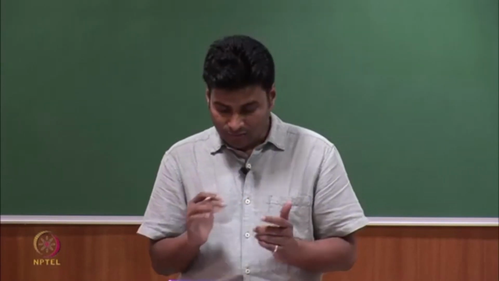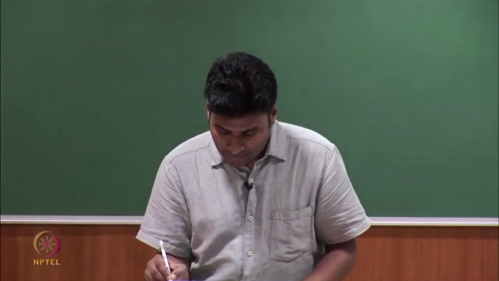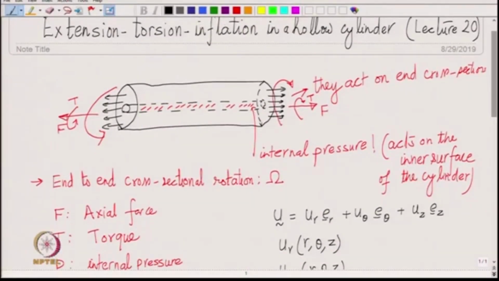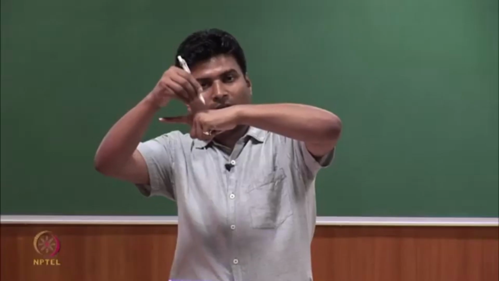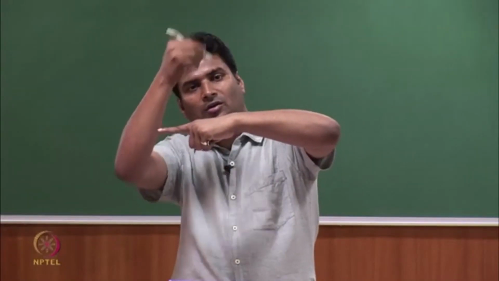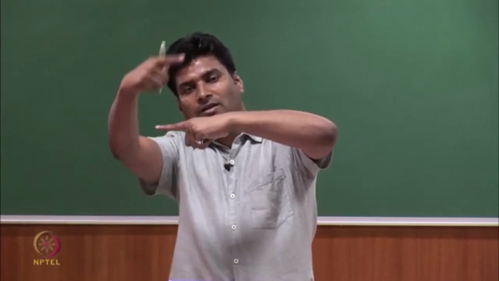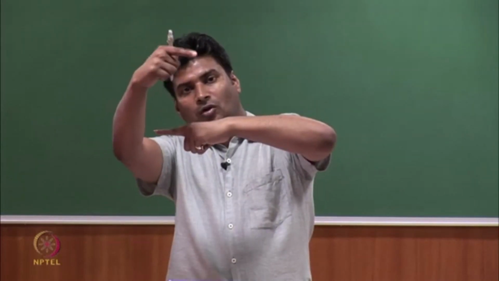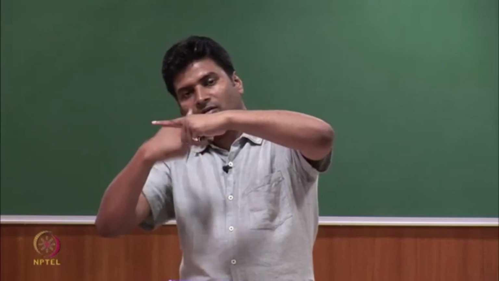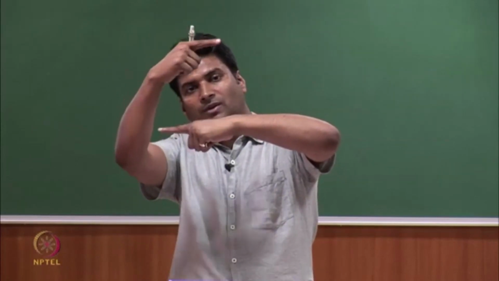So, the first thing that we would like to say is that when we apply this force, torque and pressure in the cylinder, then the deformation that happens is axisymmetric. By that I mean that the displacement components, for example, they are not functions of theta. You think of any theta here or here or here. So, you go by changing theta. So, on all those points you have the same displacement component.